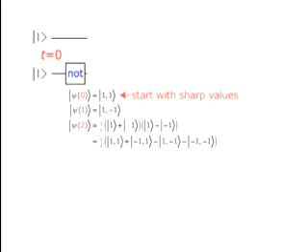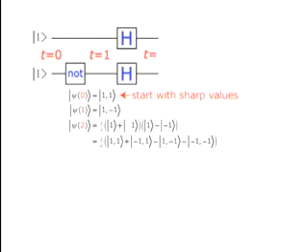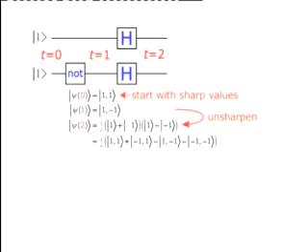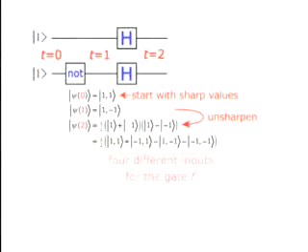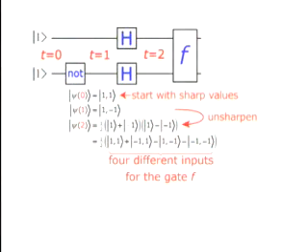And the first thing we do is unsharpen those observables so that they contain many possible values, in our case, all 4 possible values. That unsharpening is a quantum operation.